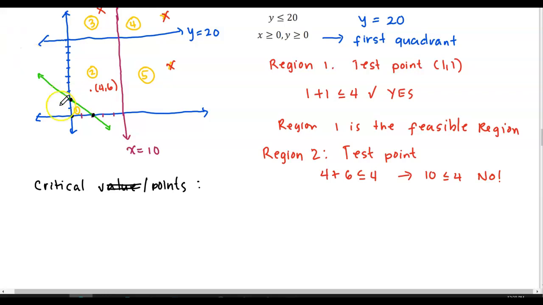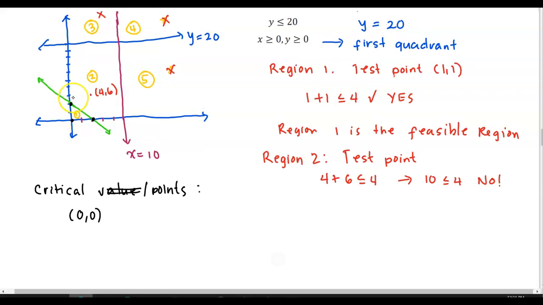This point here is the point 0, 0. And this point here, every unit here is 2, so you have 2, 4. So that is 0, 4. X coordinate is 0, y is 4. And here, this is the ordered pair 4, 0. So these are all our critical points.